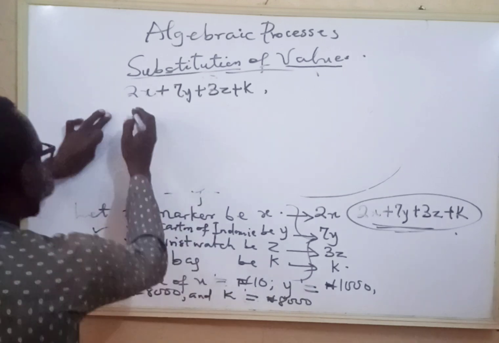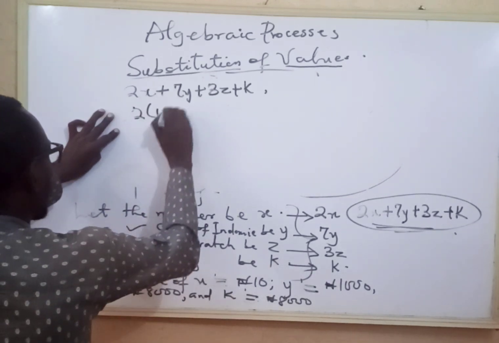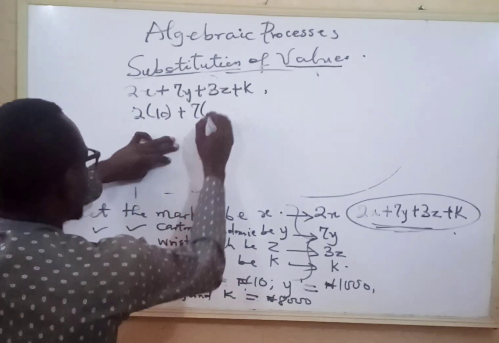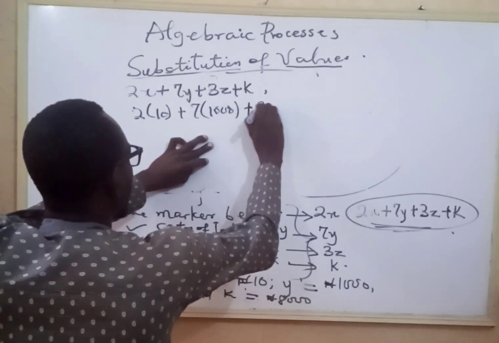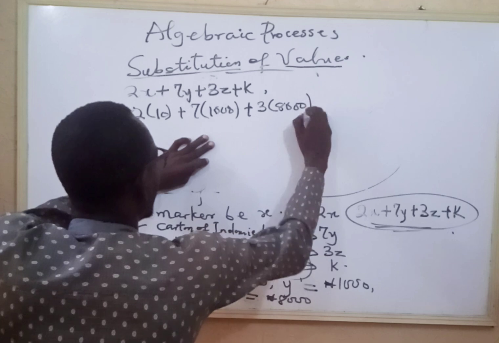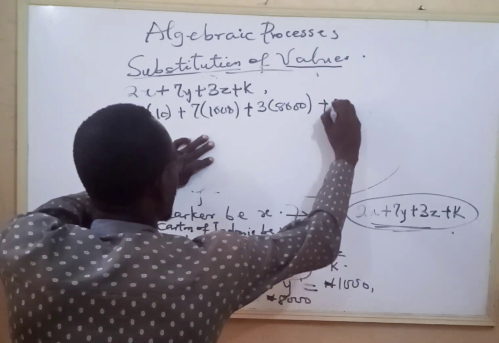We have our S is 10 plus 7, Y is 1000, our Z is 8000 plus our K is 8000.